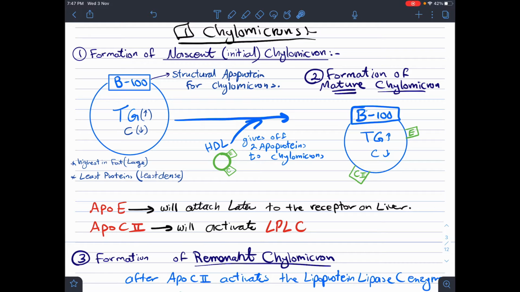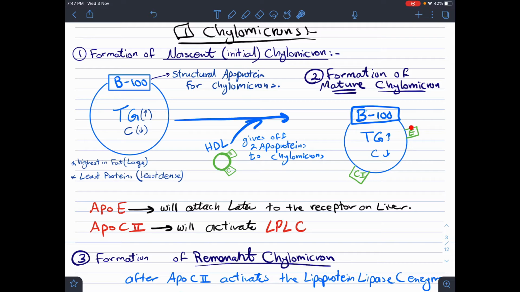This enzyme is very important for metabolizing the triacylglyceride inside the chylomicron. It's going to break it down into fatty acids and glycerol. The second is the ApoE.